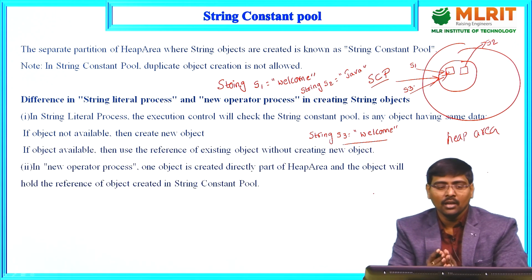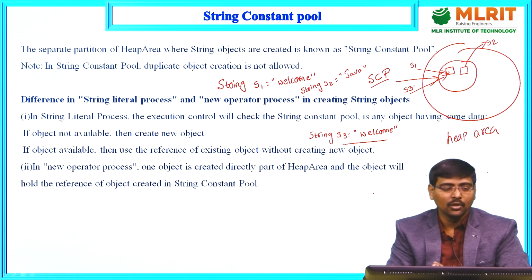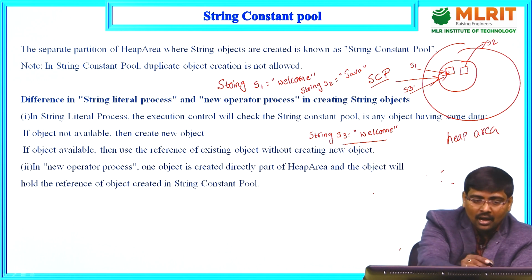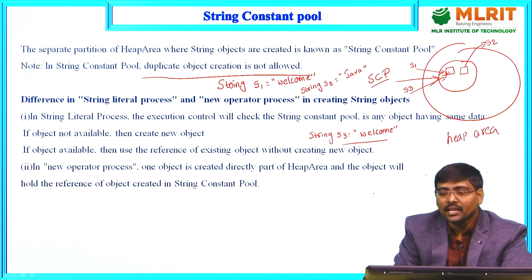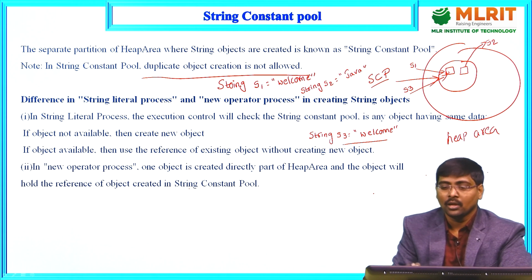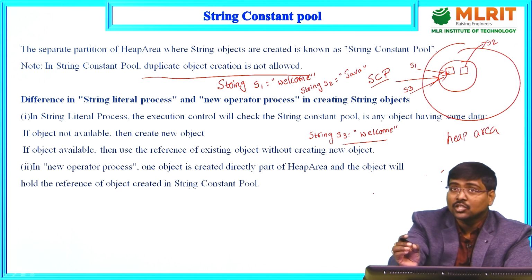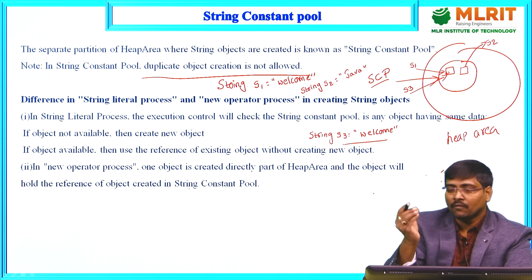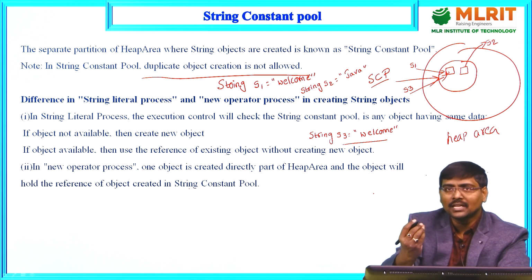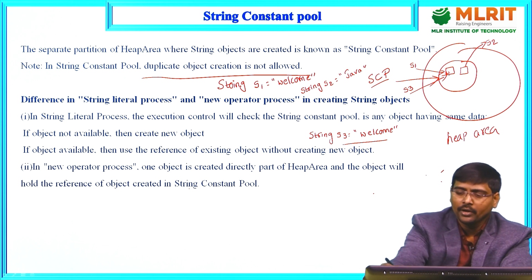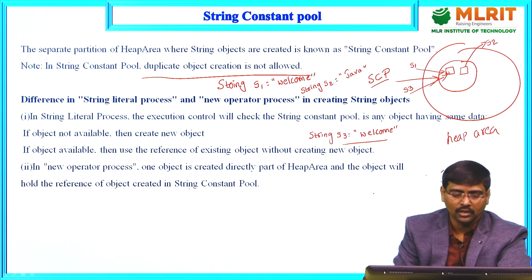Now you got it. What is the string constant pool? In the string constant pool, duplicate object creation is not possible. That means if one string is there with one value, and more than one string wants to use the same value, all point to that memory location only.